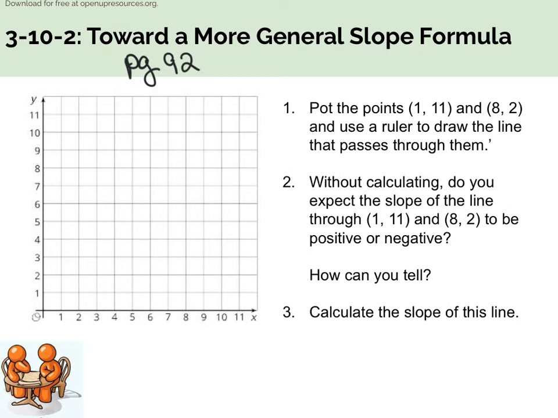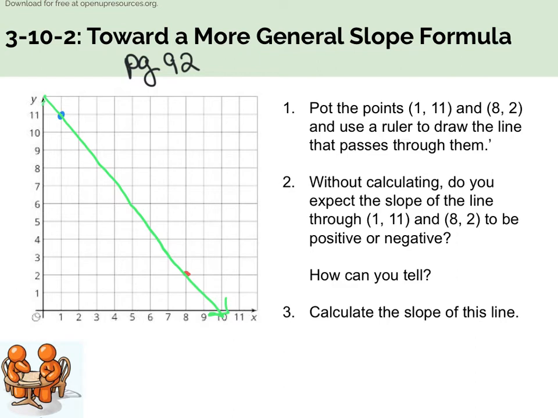Now, since you've been able to do numbers 1, 2, and 3, let's do them together. Our point is (1, 11), so that's up here. And our second point is (8, 2). That's down here. And then we were asked to draw a line in between the two, like this.